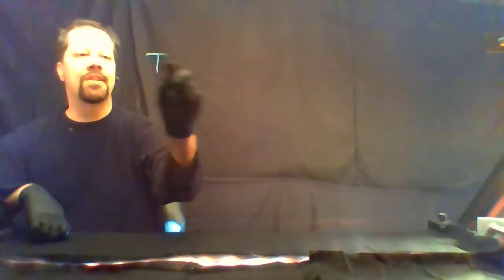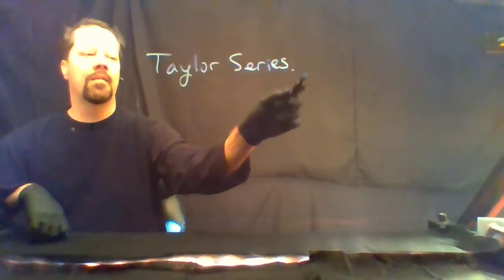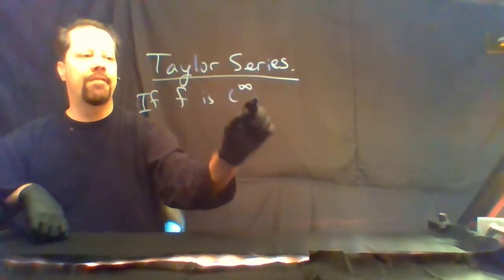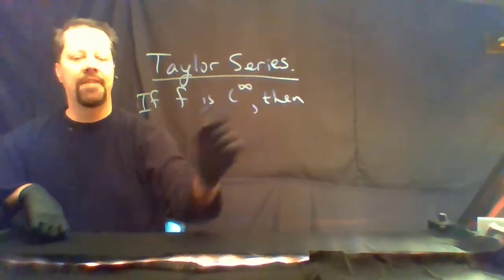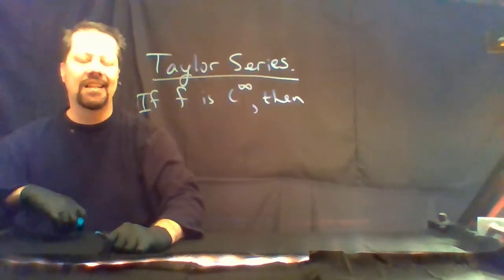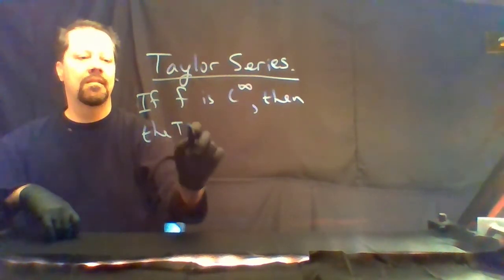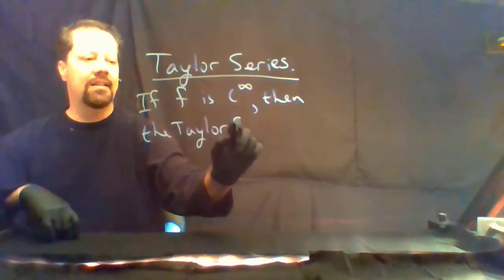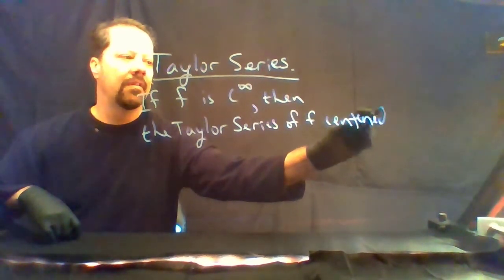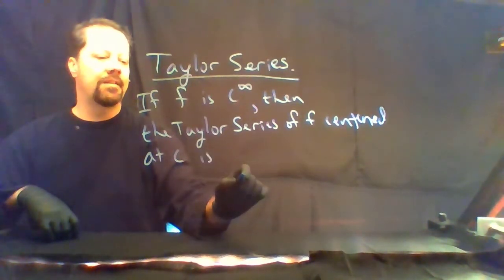You should recall that there is such a thing called a Taylor series. And in particular, if f is infinitely differentiable, C infinity being the class of infinitely differentiable functions, let's say about some interval containing the center C, then the Taylor series of f centered at C is the sum.